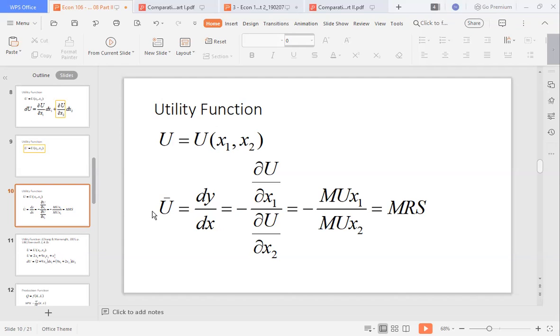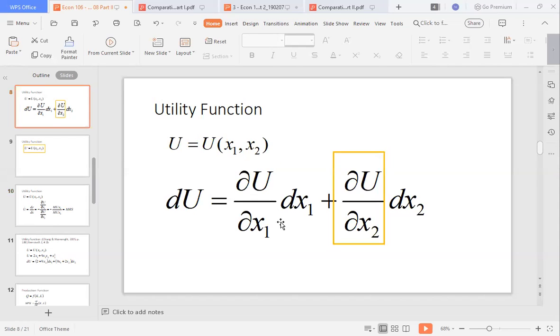Again, utility is constant. In total differential, class, the possibility is that you can change your consumption of x sub 2. And the question is, how will that change affect your total utility?